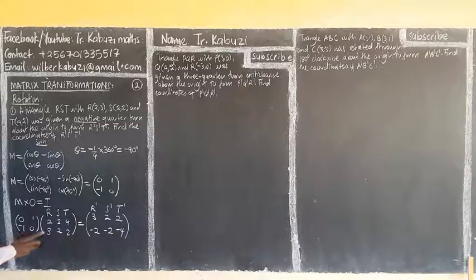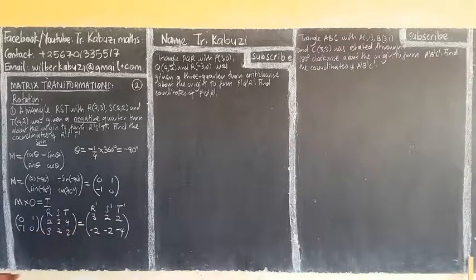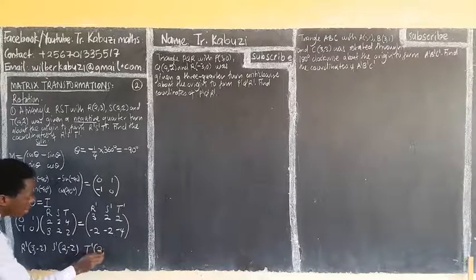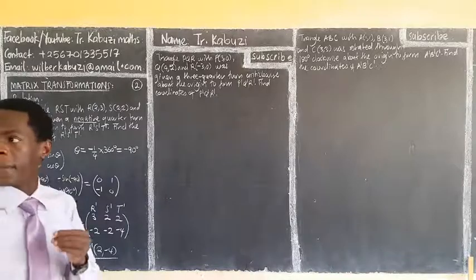This times this, I get this. When I multiply this 0 with these ones, it goes to 0. So now my coordinates R prime, S prime, T prime are 2, negative 4. So that's it.